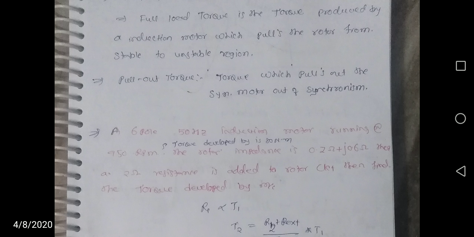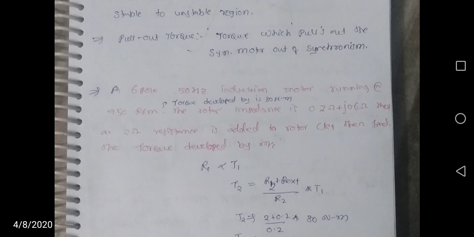A 6-pole 50 Hz induction motor is running at 950 rpm. The torque developed is 80 Newton meter.